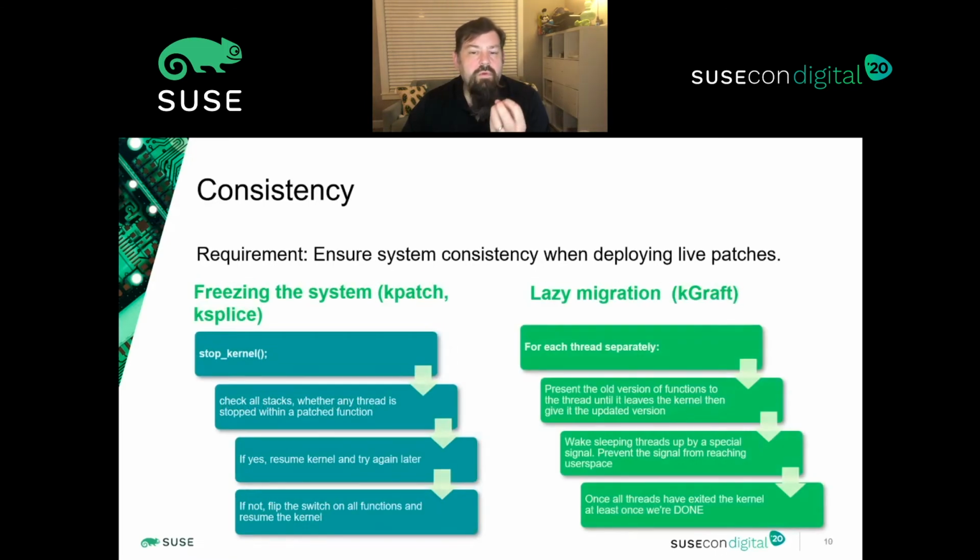Kdrat went what we call a lazy migration route. It's a little bit different approach because instead of stopping the kernel and examining the whole stack, we did this on a per thread basis. By doing this on a per thread basis, we don't have to halt the kernel. We just look for the affected threads and take care of them and allow them to move forward, get them fixed. We wake up the sleeping threads by sending signals.